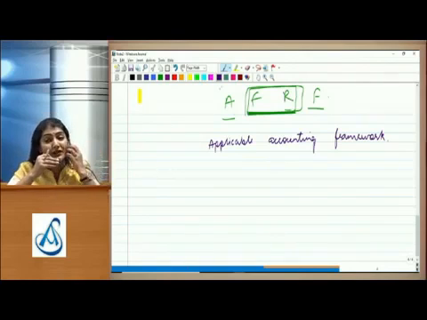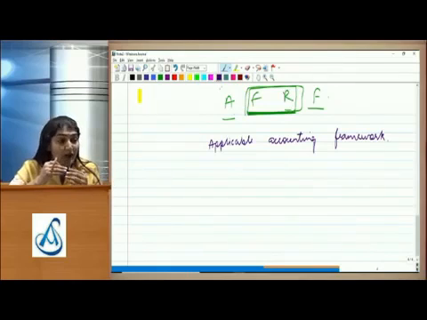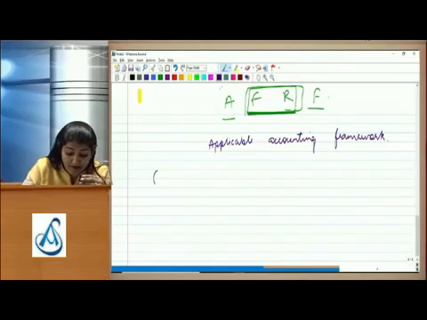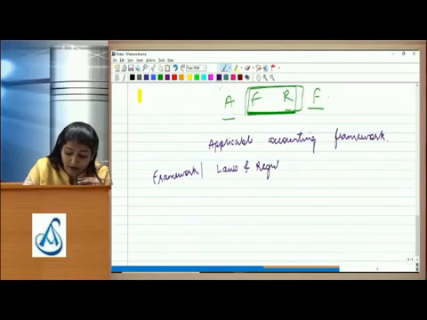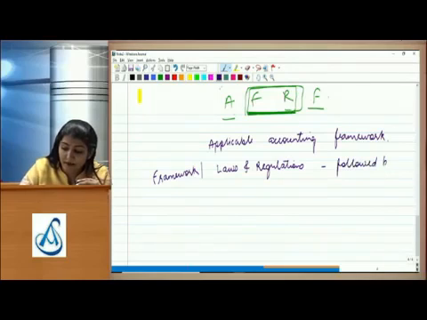And who is going to do the accounting? The management. So the framework, the laws and regulations, this is the definition of AFRF given in the standard: the framework, laws and regulations which are to be followed by the management in the preparation of financial statements.